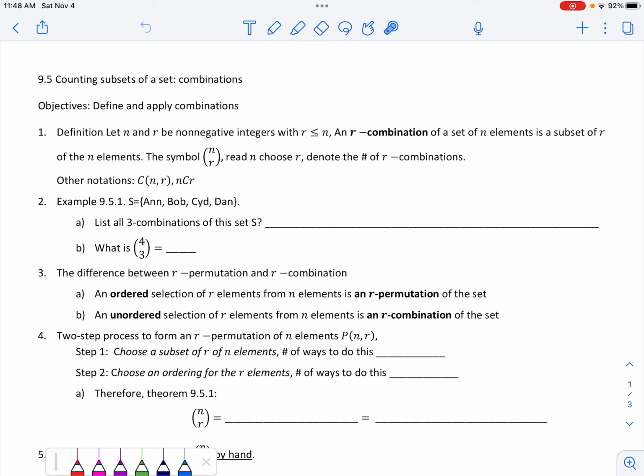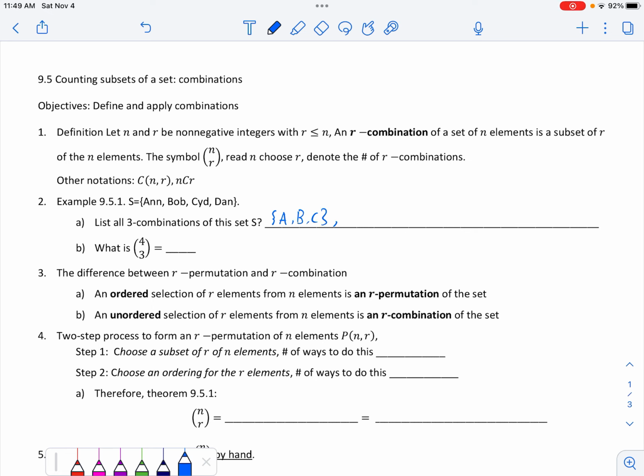So suppose the set S contains 4 people, Anne, Bob, Sid, Dan. And let's list the 3 combinations of this set S. That means the subsets of size 3. That's what 3 combinations mean. So obviously you just try to list all the possible size 3 subsets from this set. So it can be Anne, Bob, and Sid.